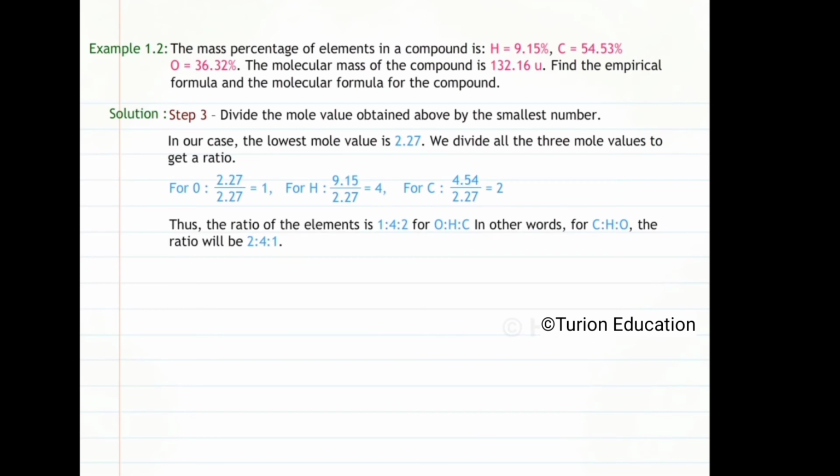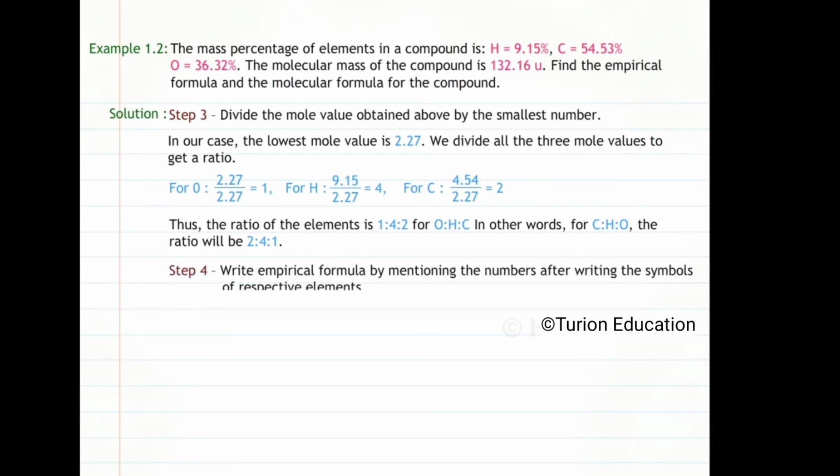Thus, the ratio of the elements is 1:4:2 for O is to H is to C. In other words, for C is to H is to O, the ratio will be 2:4:1. Step 4. Write empirical formula by mentioning the numbers after writing the symbols of respective elements. From the ratio, we have the empirical formula to be C2H4O.